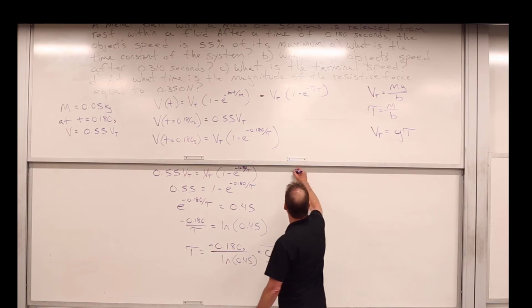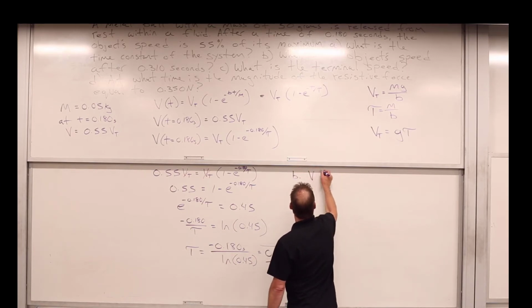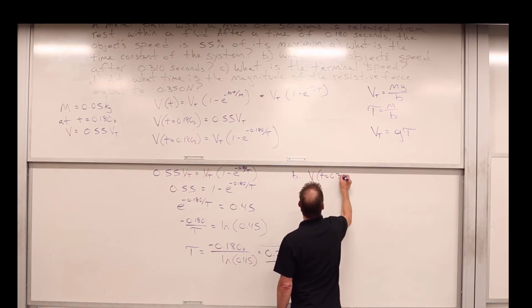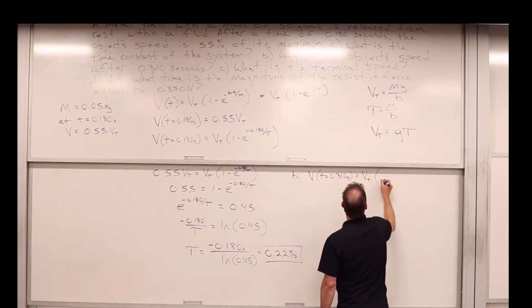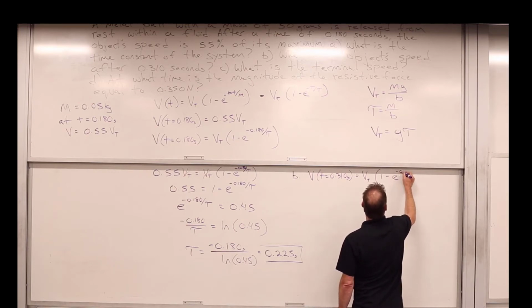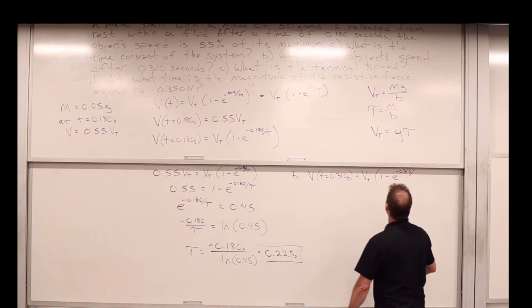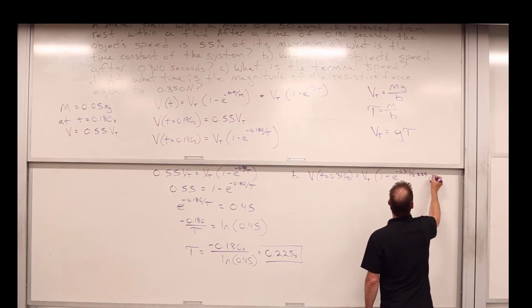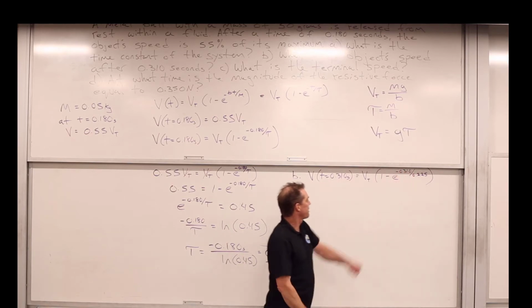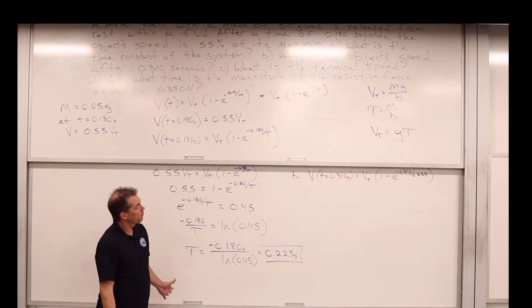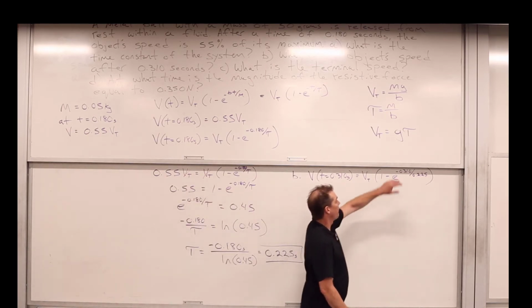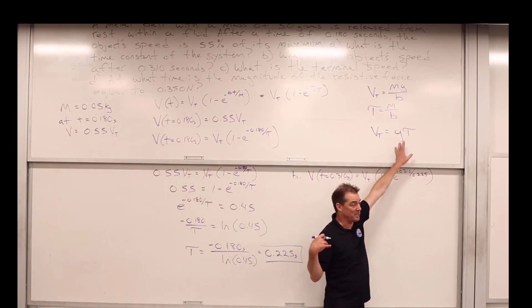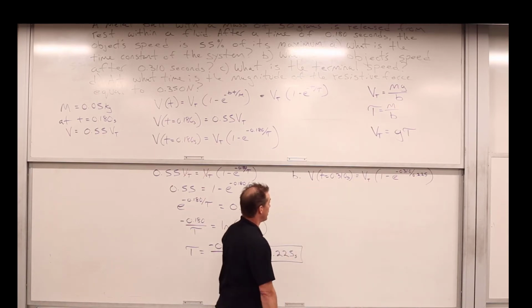So we come over to part B, and v of t at 0.310 seconds is going to be equal to v sub t times 1 minus e to the negative 0.310 divided by tau, which we already know to be 0.225 seconds, so seconds divided by seconds is unitless. We've got a v sub t here. We could calculate what it is, which is asked in the next part, or we can just substitute g times tau.